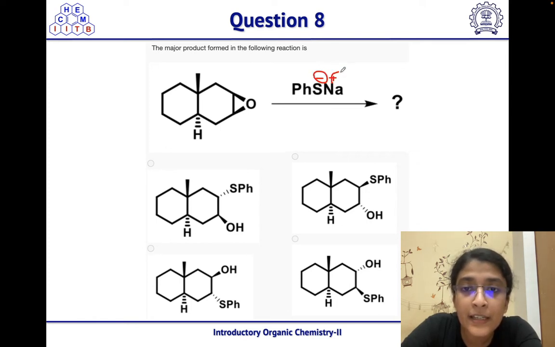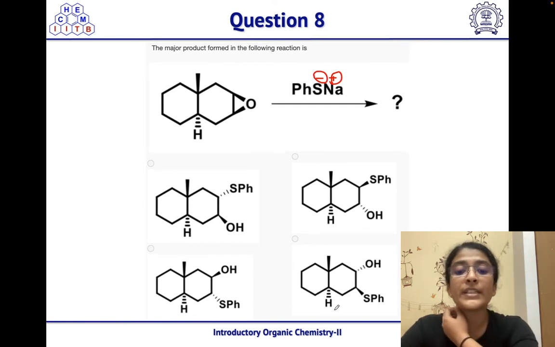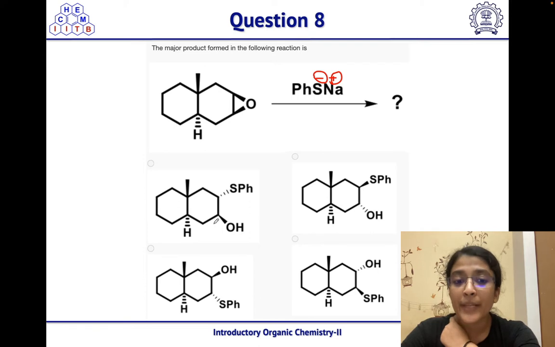That is, this will be a nucleophile. The nucleophile will attack this epoxide and it will open up, leading to formation of one of these four products. So how the opening takes place and from which side it opens is important here.